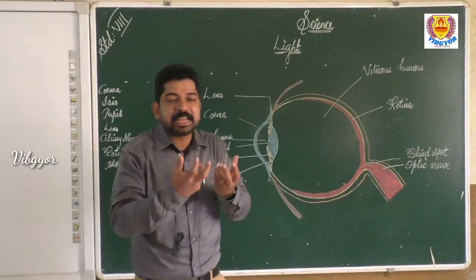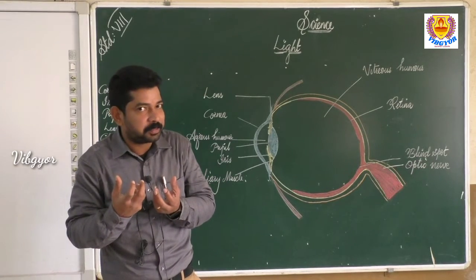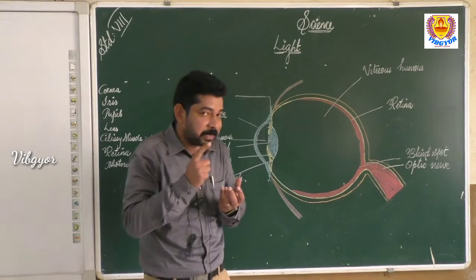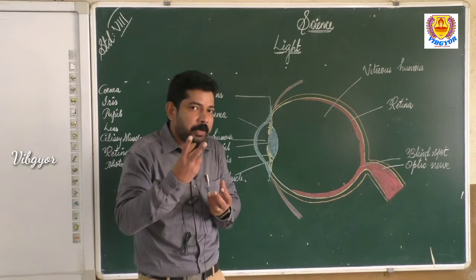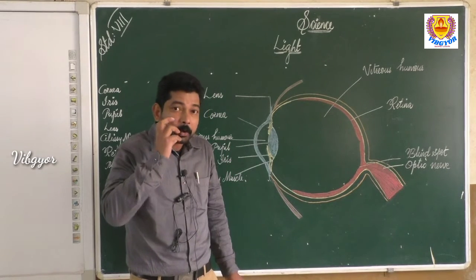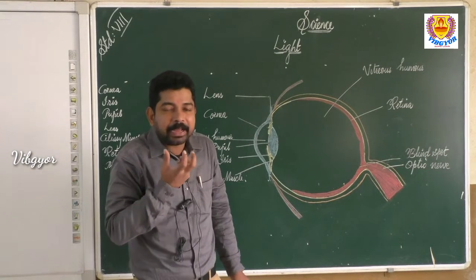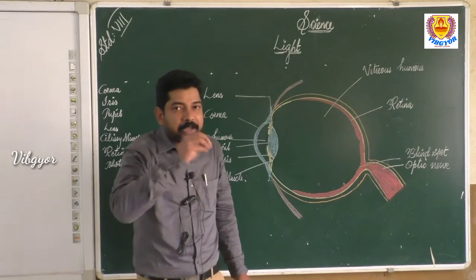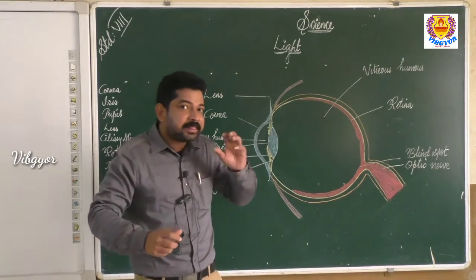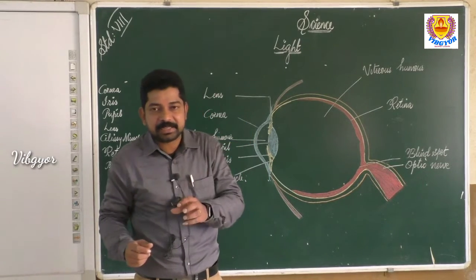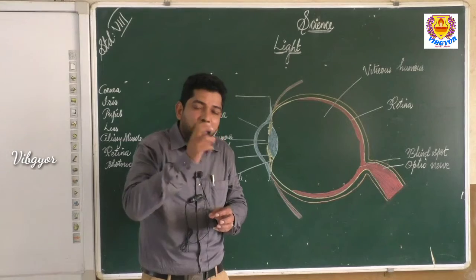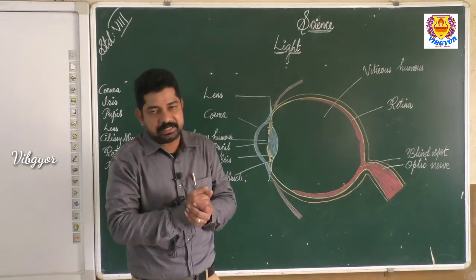Light sensitive cells are known as photoreceptors. Rods help to recognize the intensity of light, that means darkness or brightness. In the same way, cones help to perceive and distinguish the colors.